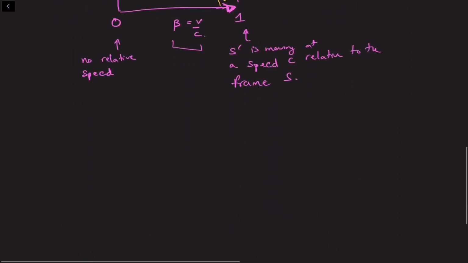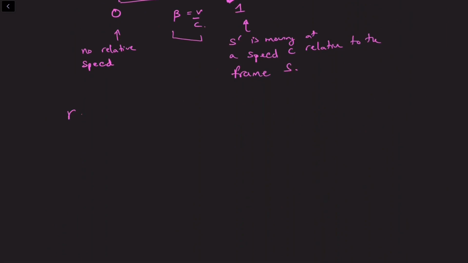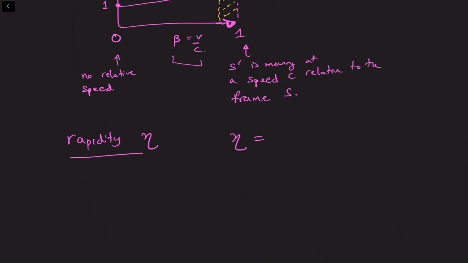The way we do that is by defining something called a rapidity eta, such that eta is tan hyperbolic inverse of beta, or equivalently beta is tan hyperbolic eta.